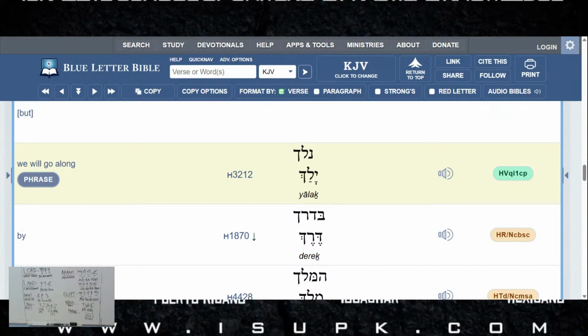Nalak comes from the root word halak, which is walk. Yalak is go, right? And they have the Hebrew concordance number for the word yalak, which is go. So we will is the character na at the beginning of the root word. We will go. In the way of the king, we will go. That's what it's saying.